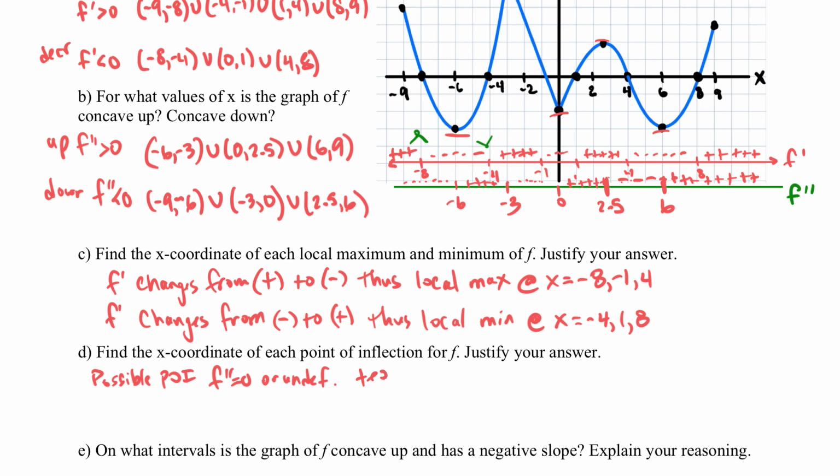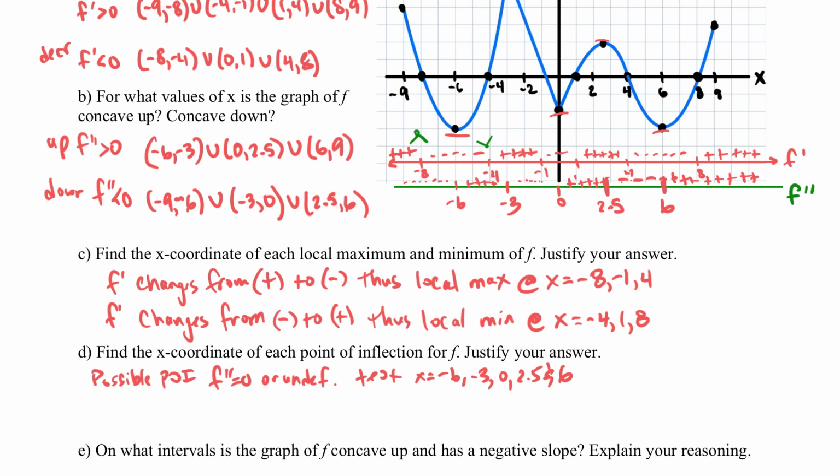So we need to test x equals -6, -3, 0, 2.5, and, sorry, 6. Well, guess what? In this particular problem, every single one of these changes from a negative to a positive, or positive to a negative. So it changes sign at every single one of these.